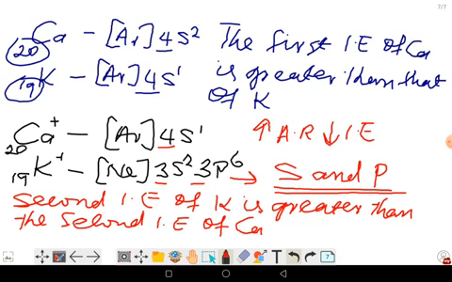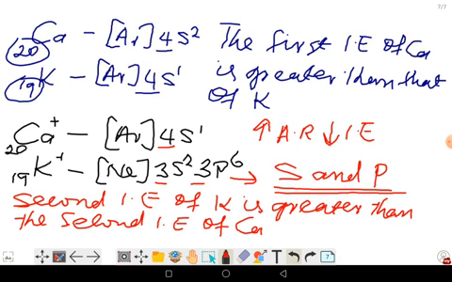Then, due to the fact that potassium has a smaller atomic radius than calcium, the outer electrons are closer to the nucleus, and for that, the nuclear charge should be more pronounced on the potassium ion for the second ionization energy. So that is what you should know.